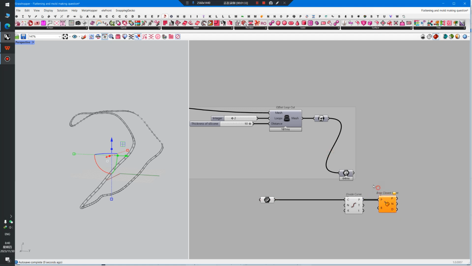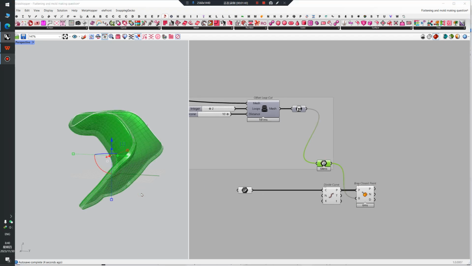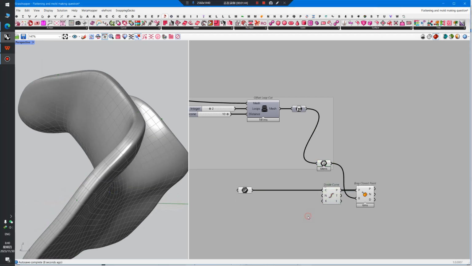We put the point. So point is, let's set it to this. Okay, we put a point.